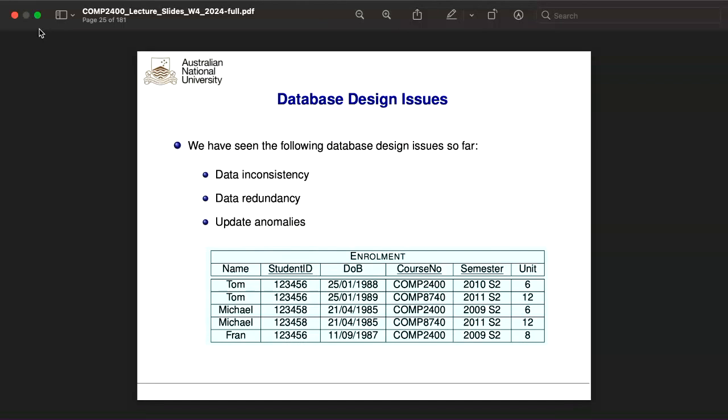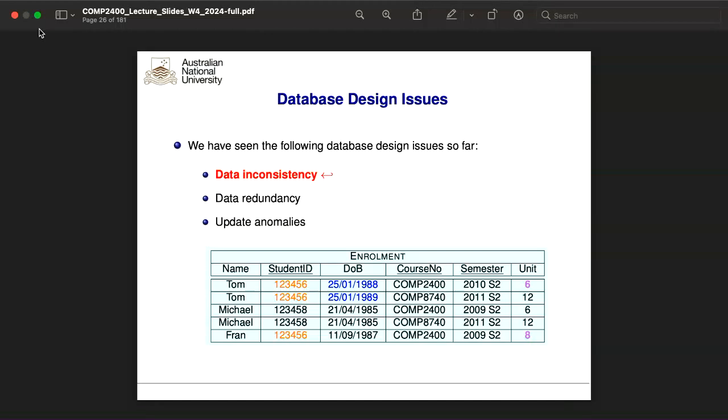So with all sorts of different solutions, what kind of common issues could we find? Typically, there are 3 kinds of database design issues: inconsistency, redundancy, and update anomalies. Here is a quick summary of the material you saw in the self-study video.